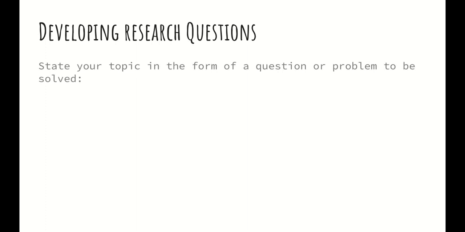Okay, so I have my topic and I need to create a couple research questions so that I know what I'm looking for, so I can figure out what I want to know and what the sources should yield, what kind of information they should have. Okay, so you state your topic in the form of a question or problem to be solved.